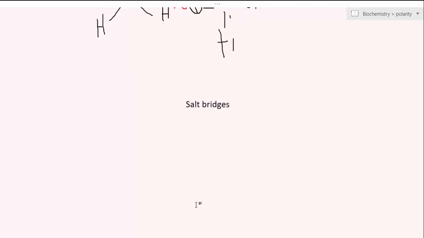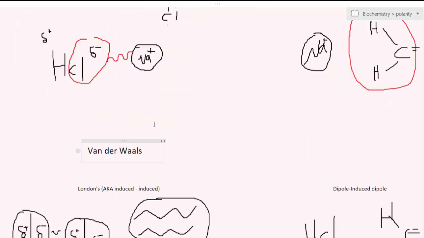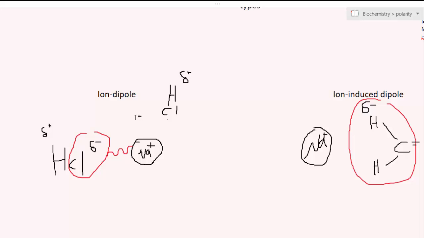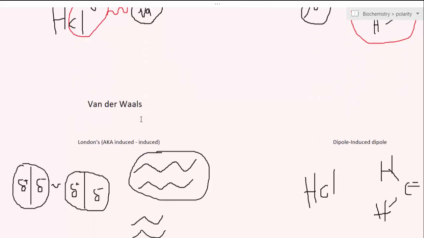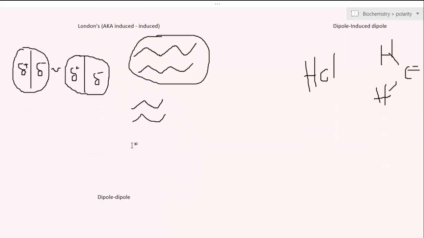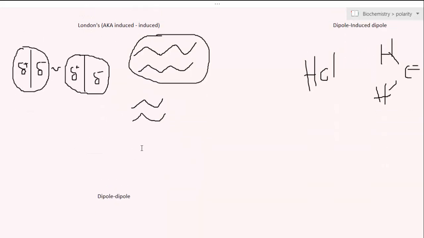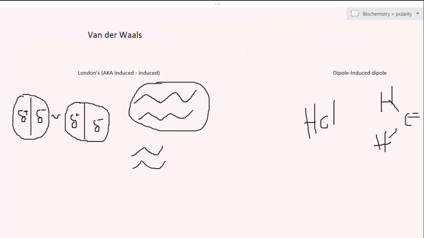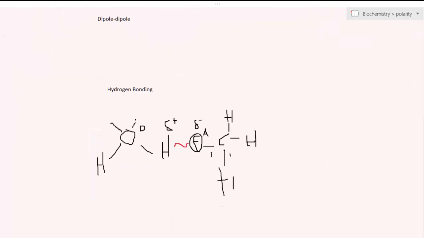At the end, just several notes. Hydrogen bonding is the strongest among van der Waals interactions, and salt bridges are the strongest among what we discussed here, then ion-dipole interaction. Remember that hydrogen bonding is the strongest among van der Waals, not among all what we discussed here, because ion-dipole and salt bridges are stronger than it.